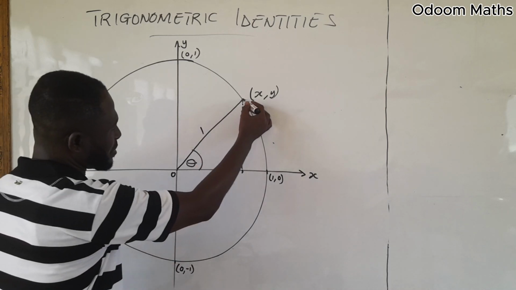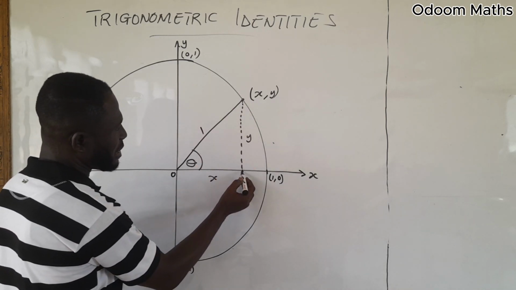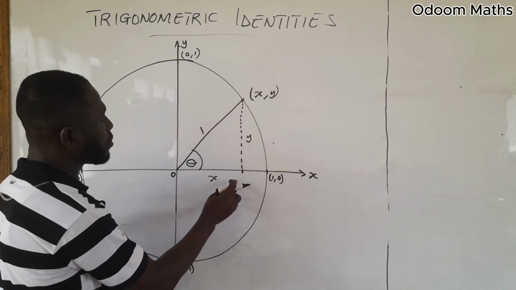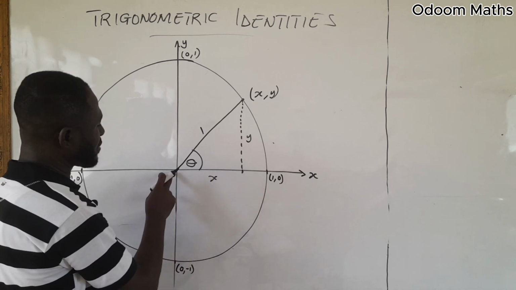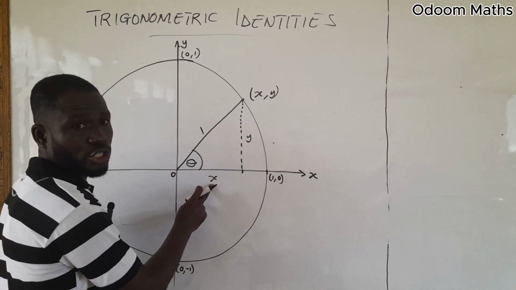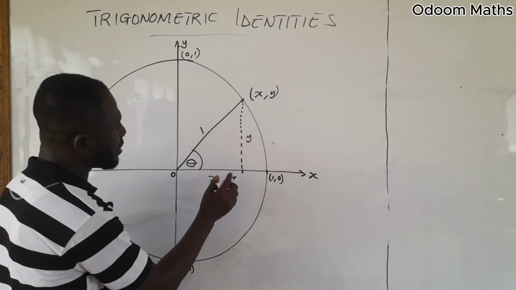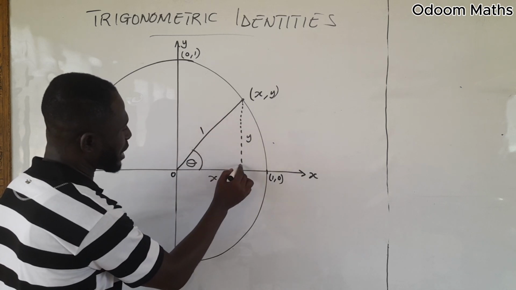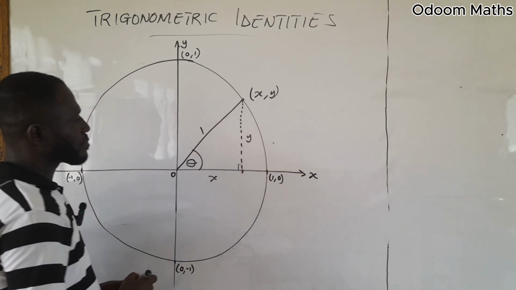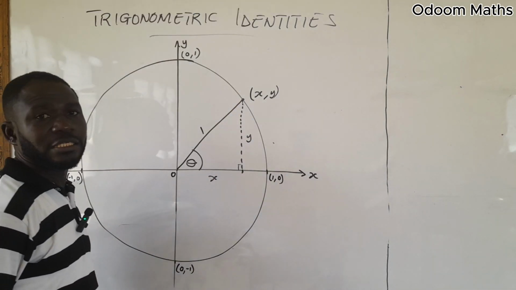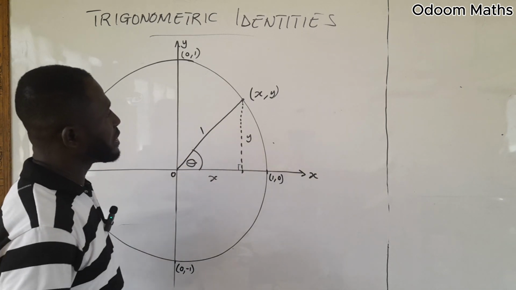We've drawn a line from this point to the x-axis, and that's a very straight line, so the distance from here to here is x units. This is forming a right angle triangle. Now let's look at this right angle triangle.